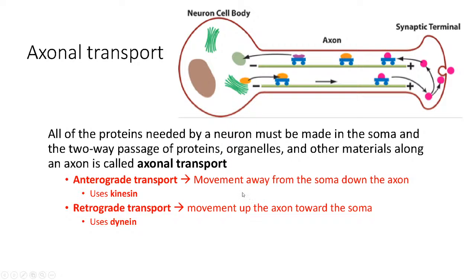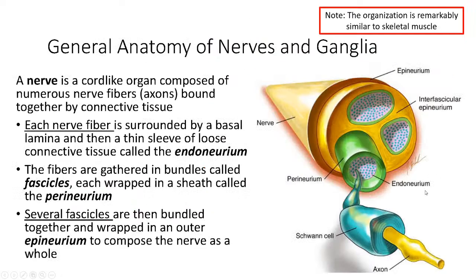As a student, I remembered that KD, kills deaths, and then I applied that here. Kinesin, dynein. Kinesin is responsible for anterograde transport, transporting things down the axon. Dynein is responsible for carrying things back up the axon. If that doesn't help, there are probably other mnemonics out there. That's just the one that worked for me when I was a student.